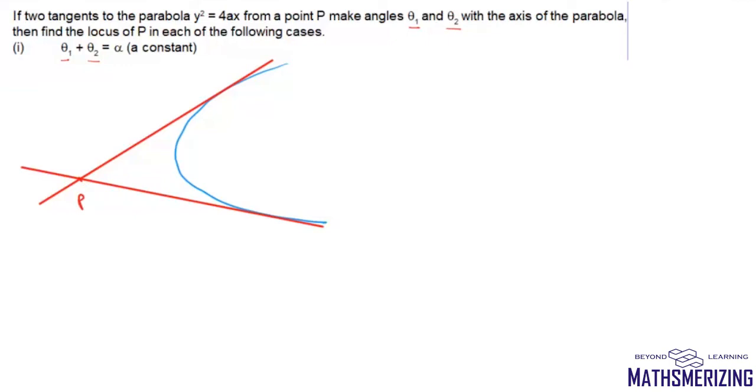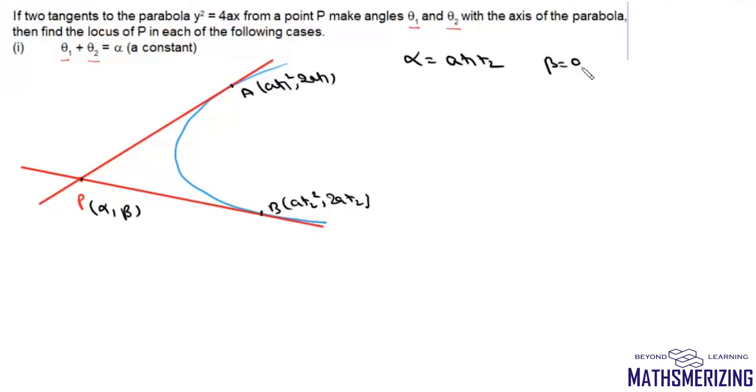So what we'll do is we'll take this P as (alpha, beta), and suppose this point is A and this point is B. So A is (a t1 square, 2a t1) and B is (a t2 square, 2a t2). Now we know that the point of intersection of tangents is given by alpha equals a t1 t2 and beta equals a(t1 plus t2).